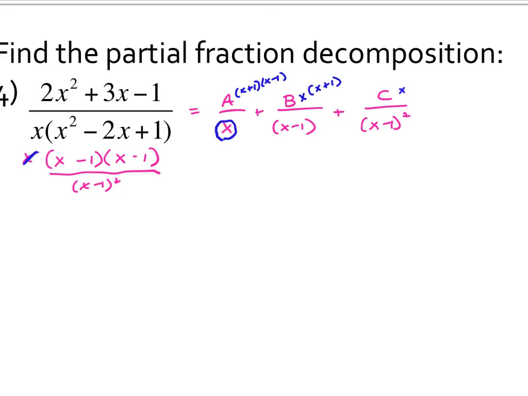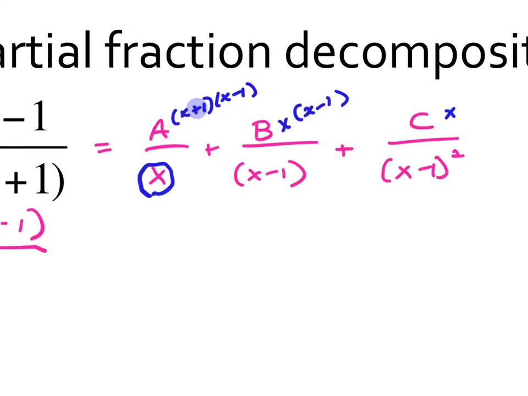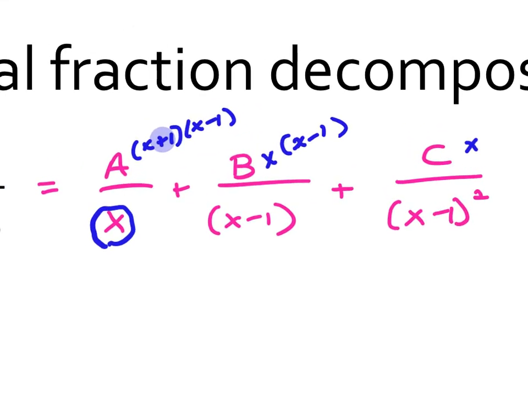Oh, this should be minus 1 and minus 1. Hang on. If you were multiplying all 3 of those to a, wouldn't it be x minus 1 cubed, not squared? So you're only multiplying by what's missing from the denominator.